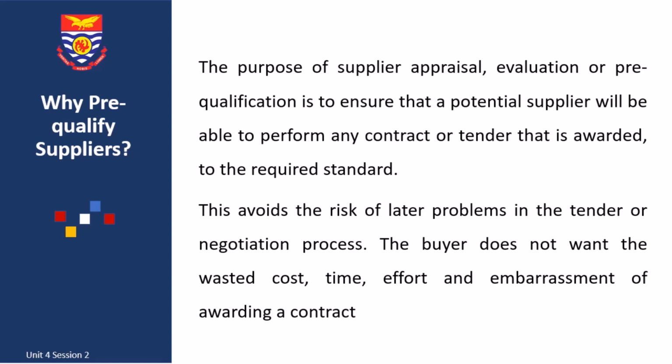So in order to avoid these risks, or future disruptions in our supply chain, we pre-qualify suppliers to shortlist suppliers in the market and make sure we only have suppliers who will be able to execute a contract when it is awarded to them.